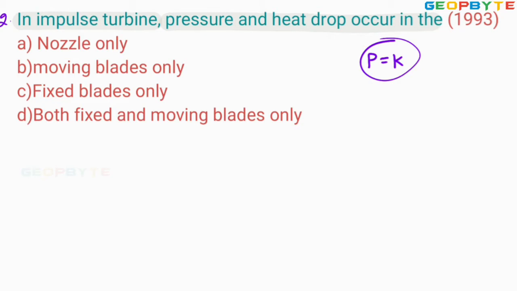Those nozzles are arranged to drop the pressure, and along with the pressure, the enthalpy of the steam is dropping in the nozzle. That means, in an impulse turbine, the blades are manufactured and arranged on the rotor such that the pressure of the flow remains constant. The pressure of the flow in an impulse turbine is dropping only in the nozzles. Therefore, option A is absolutely correct. I hope you clearly got my point. Let us take the next problem.